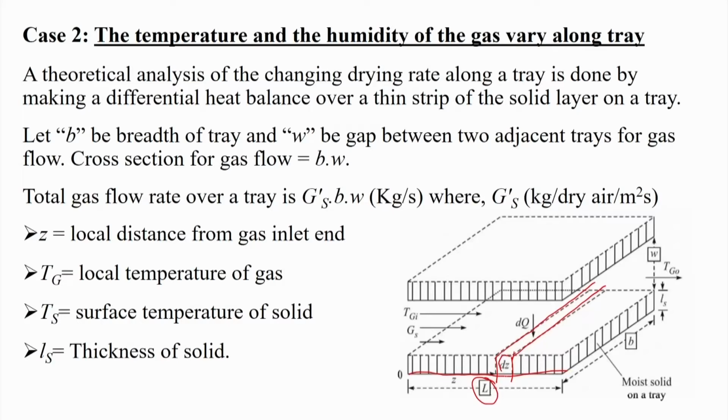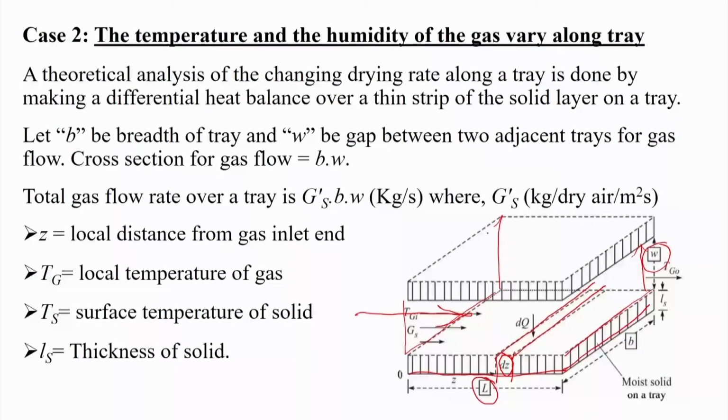The thin strip edge is taken as dz, and let B be the breadth, and W is the gap between these two adjacent trays for gas flow, from the top layer of the solid material to the bottom of the tray above, that is the opening through which the hot drying air is entering.